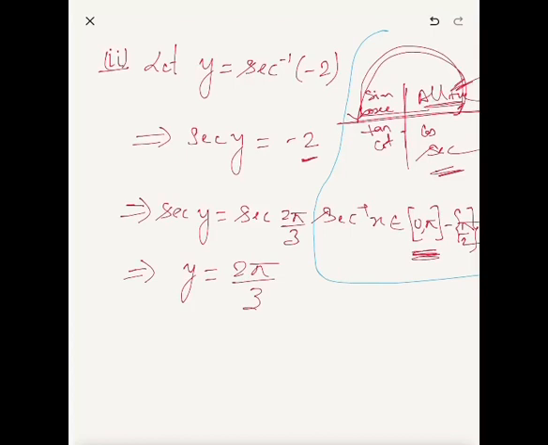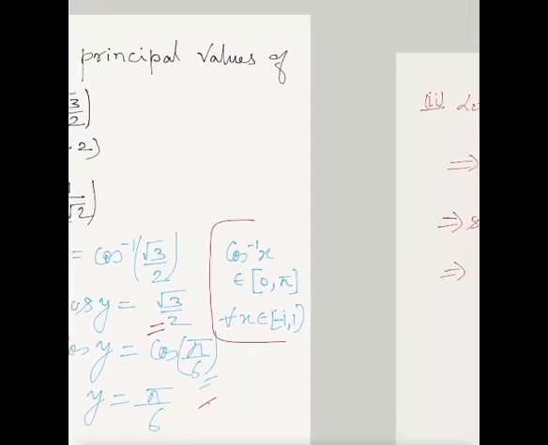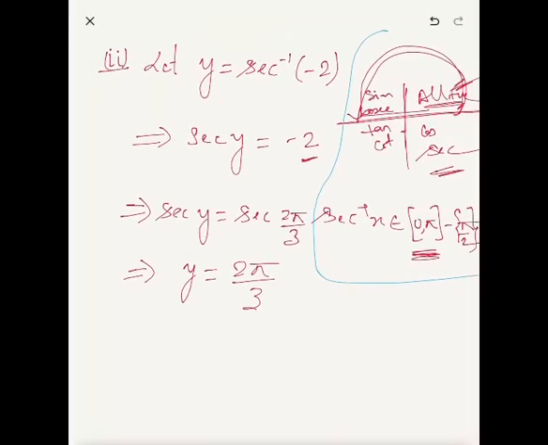Now look at the third one. What was the third one? Sine inverse 1 by root 2, the third one, okay? So we all know sine inverse x belongs to minus pi by 2 to pi by 2, isn't it?